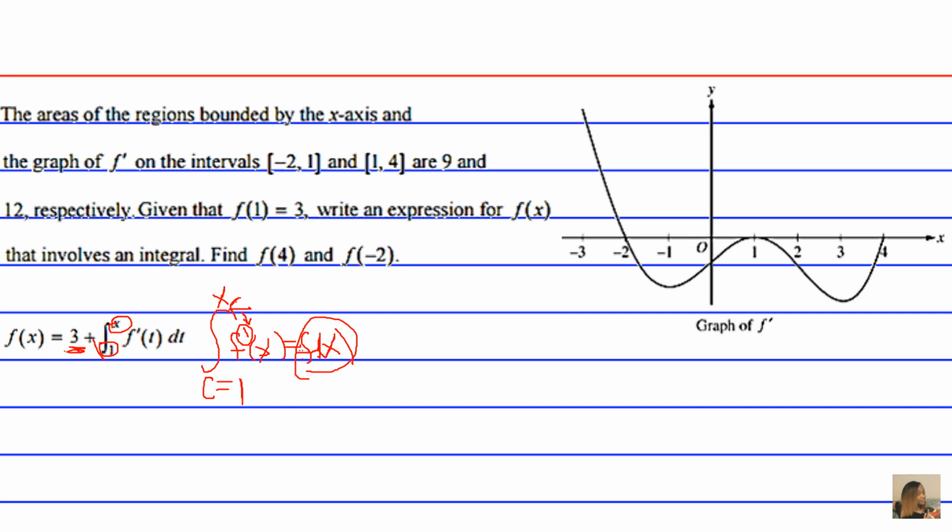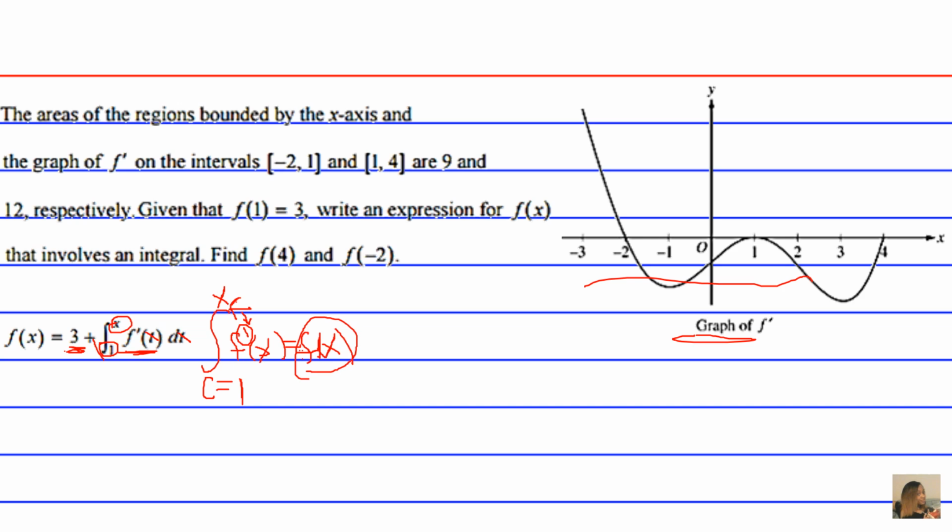And this x can be any x along the interval shown here, okay? And it's going to be the integral of f prime, which is our graph here. I meant to say dx, but I wrote dt. Sorry about that. This should be an x. All right.